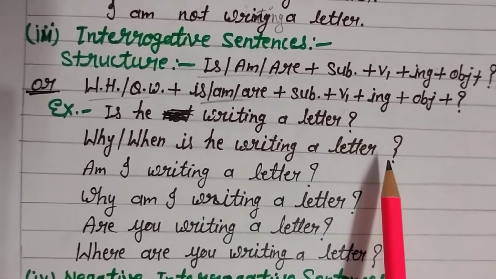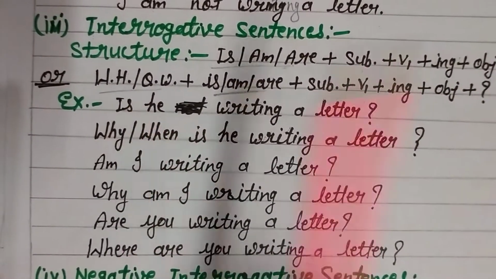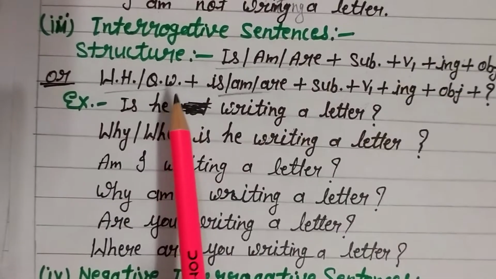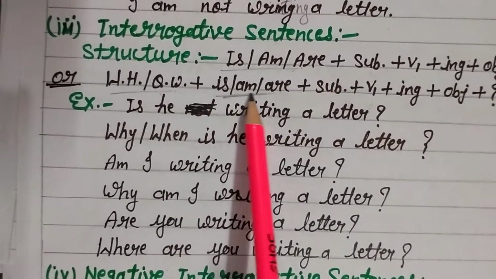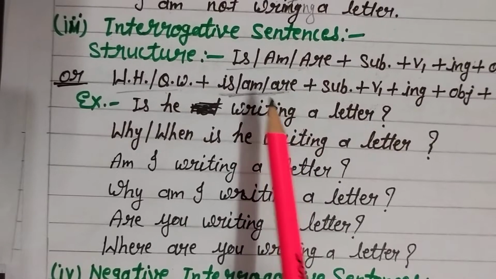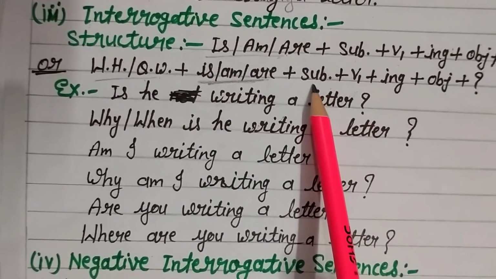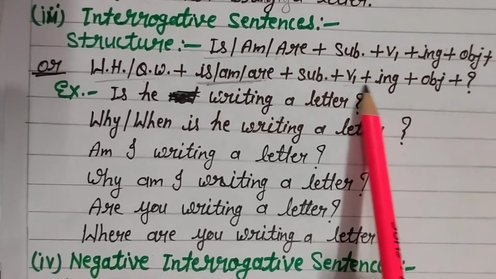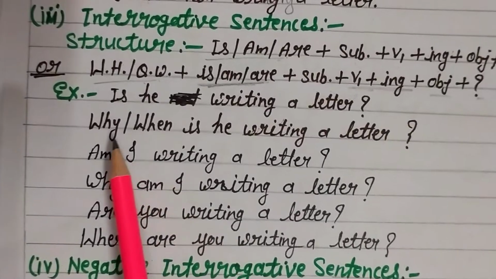Put the question mark at the end of the sentence. It is compulsory. Okay. And the other, with the help of a WH or question word. After the WH or question word we use a helping verb: is, am, are, only one helping verb. And then subject, ing form of the verb and then object and question mark.